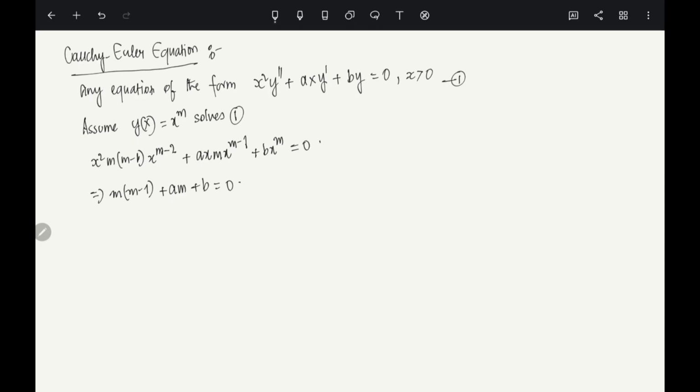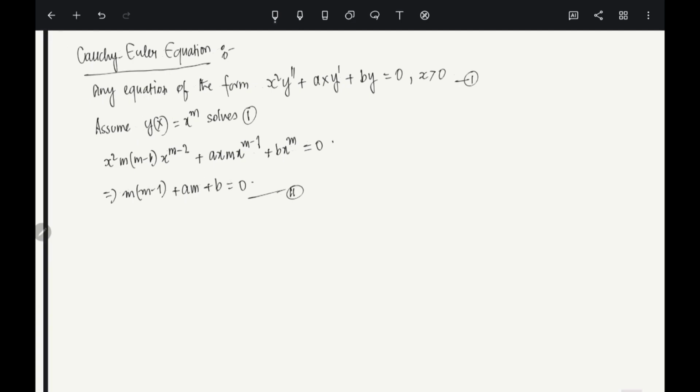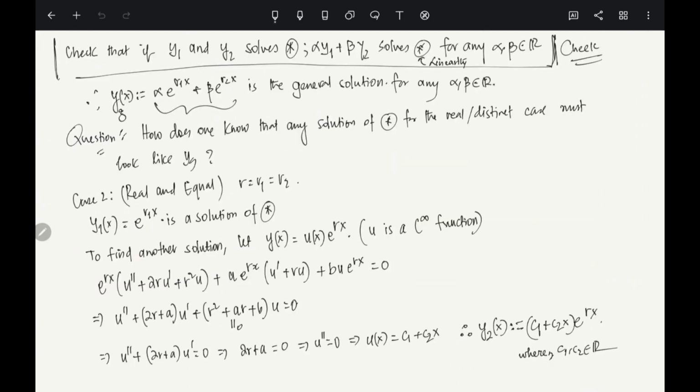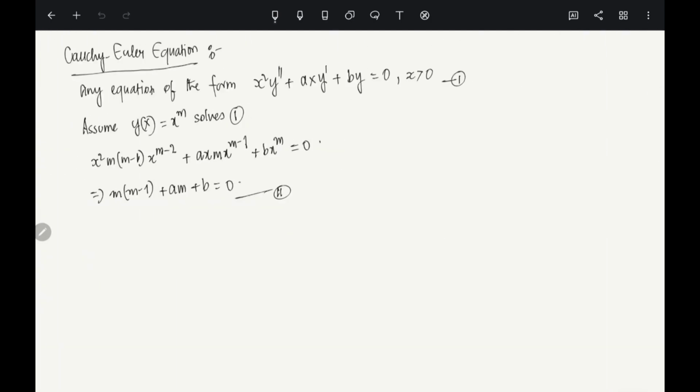Again, this is nothing but a quadratic equation which will have 2 roots. So exactly the same sort of thing will happen as what we did earlier. Please check the theorem stated below. This is your work, and I will state the theorem.